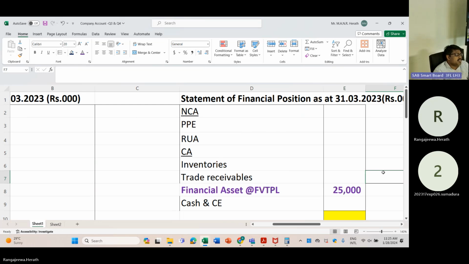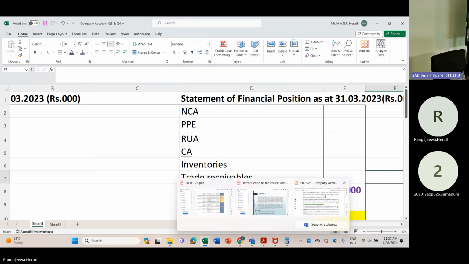In front of financial position, have 25,000. Right. Then we take the next.